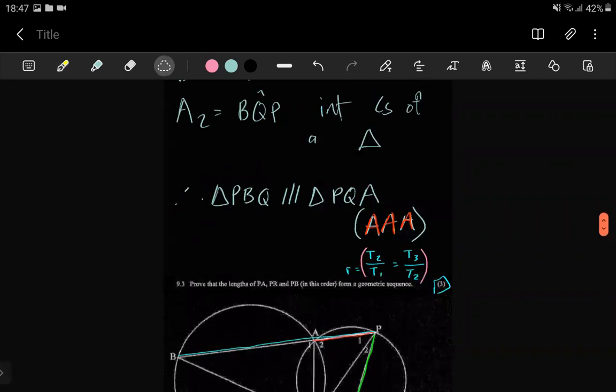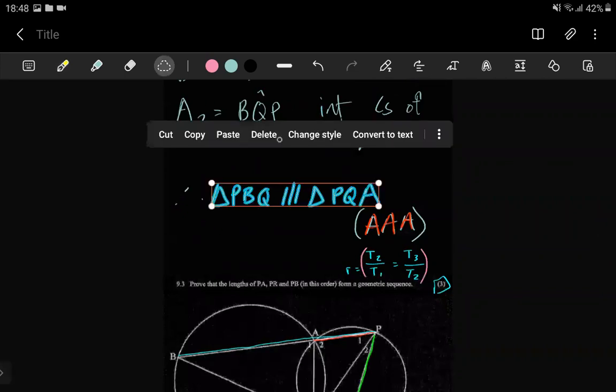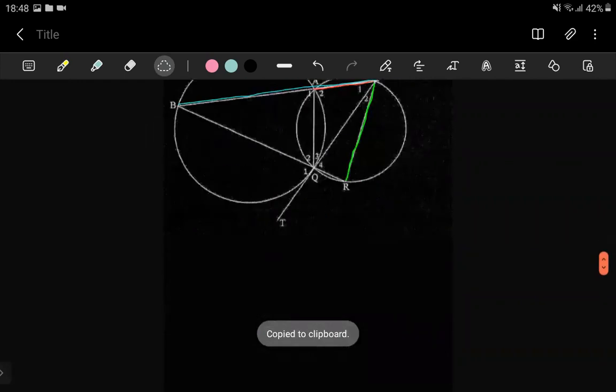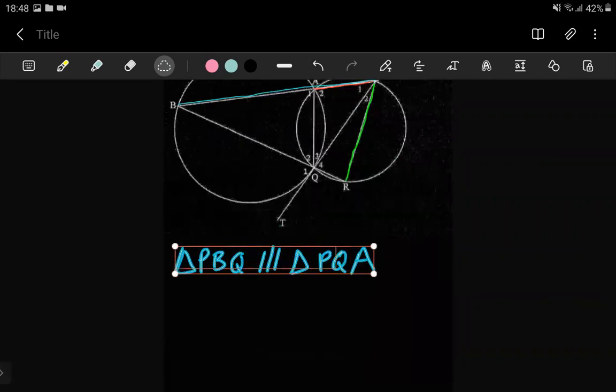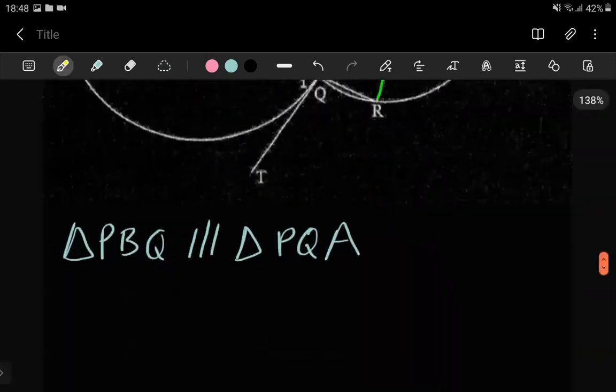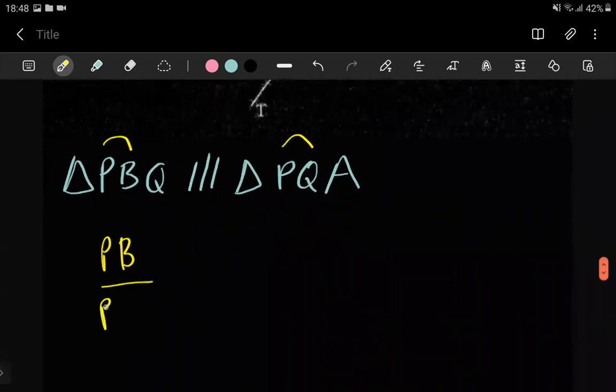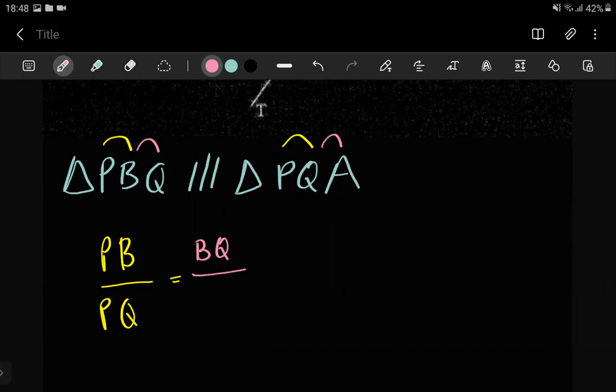Let's write down these two triangles here. We've proven that these two triangles are similar. So just because we've proven that these two triangles are similar, we already know, based on our proportionality theorem, that line PB over line PQ is equal to line BQ over line QA, and all those are also equal to PQ over PA.